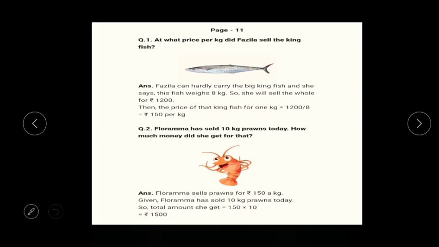Therefore, the price of that kingfish for 1 kg is equal to 150 rupees.